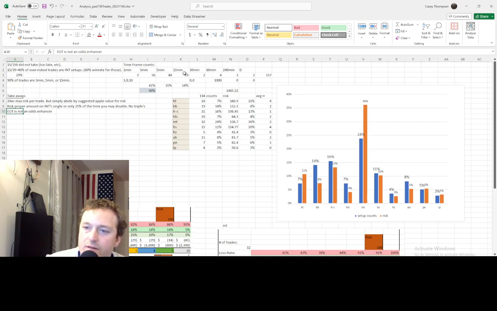3 minute, 5 minute, 15 minute is the time frames that I trade generally. It looks like 90% of my trades are within a 3 minute time frame, 5 minute, or 15.